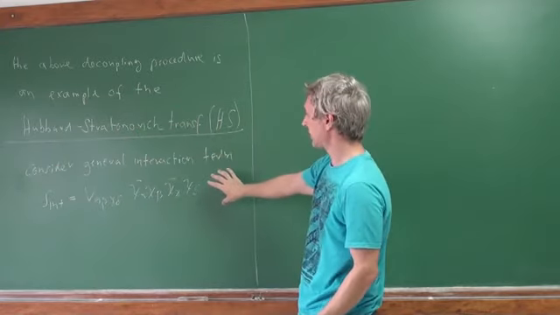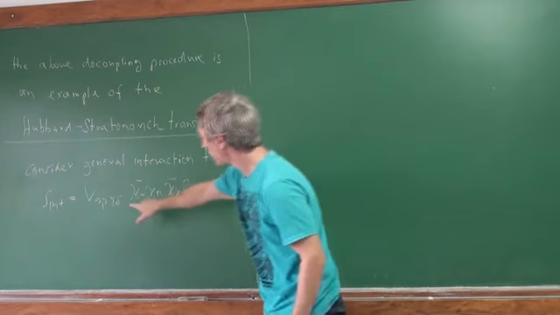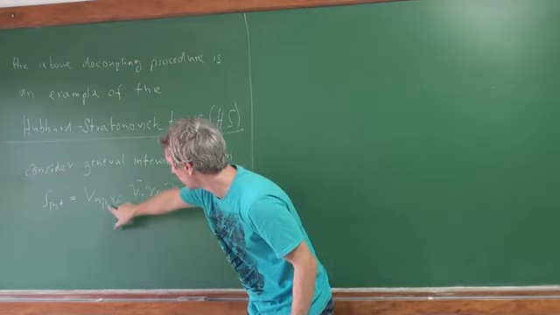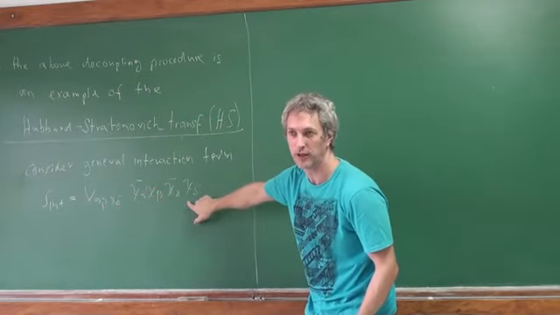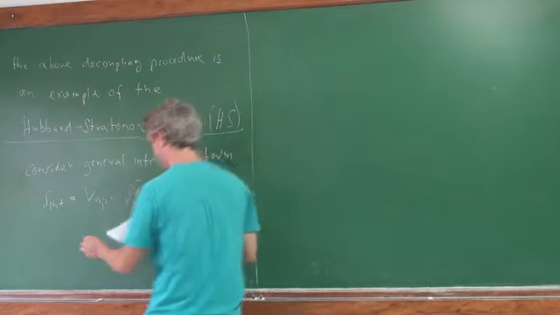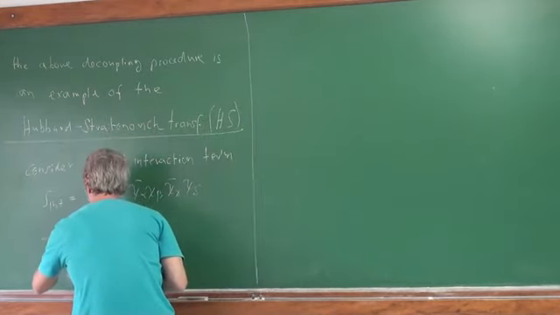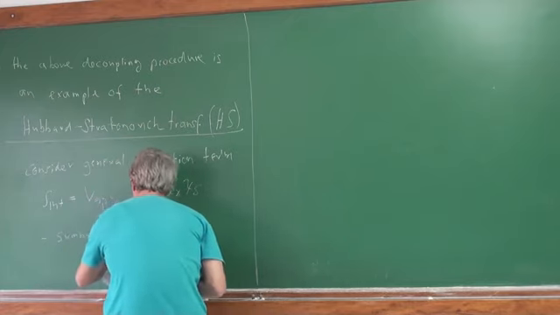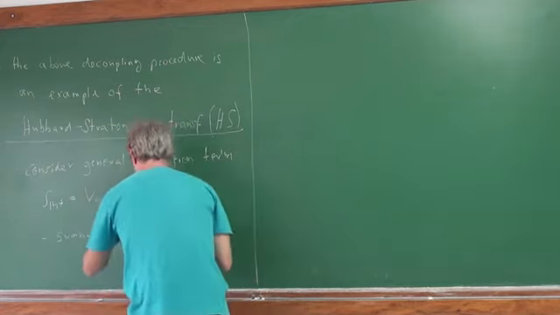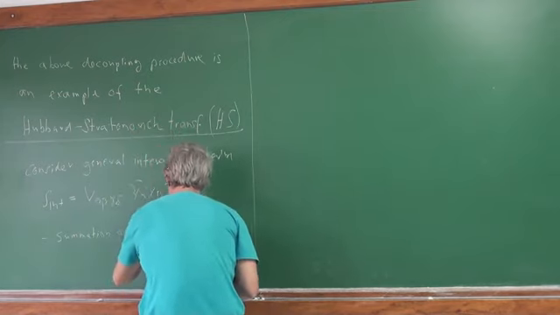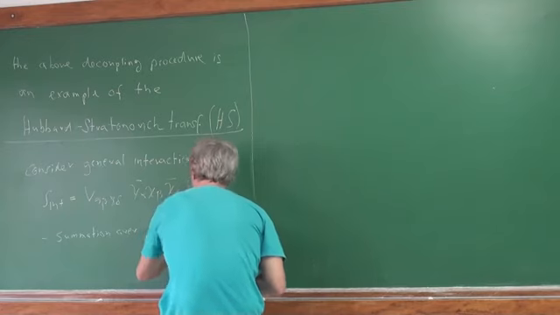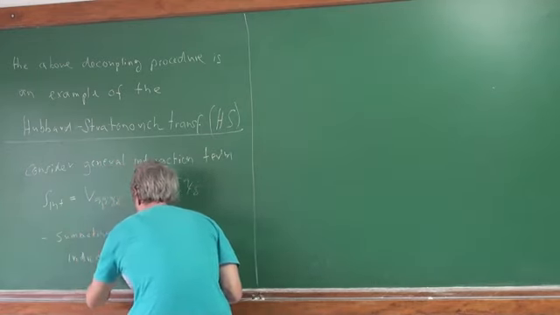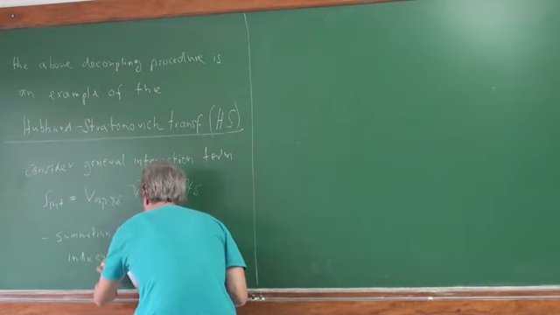Let's just consider such a general term, where in the rest of what I'm discussing I will always use a convention that I sum implicitly over repeated indices, okay? So summation over repeated indices is implicit, just to save some work.